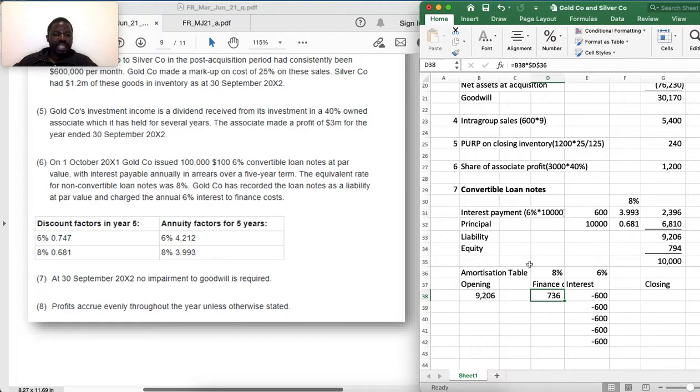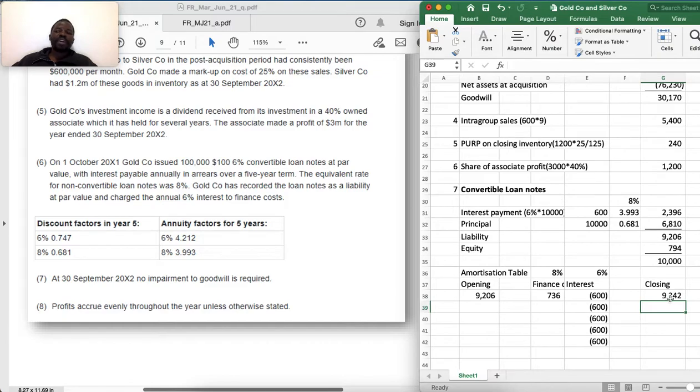Let's copy again the formatting. Like that. Then the closing, we will say opening plus finance cost less interest paid. The closing will be 9342.